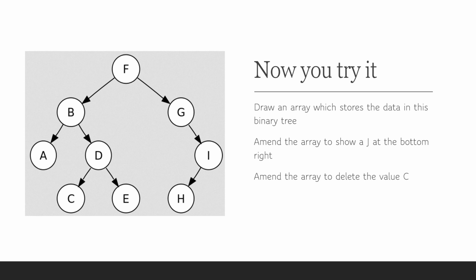And then you can upload the file with your answers. You could do this with paper and pen, scan it in, or you could create a table in Word and type the data. I'm going to circulate a link where you can upload your results so that I can mark it.